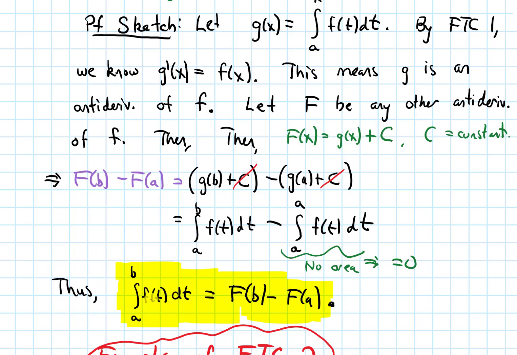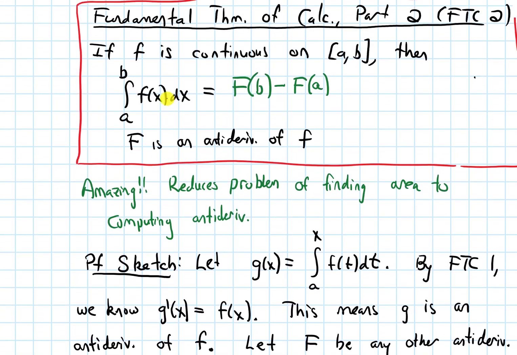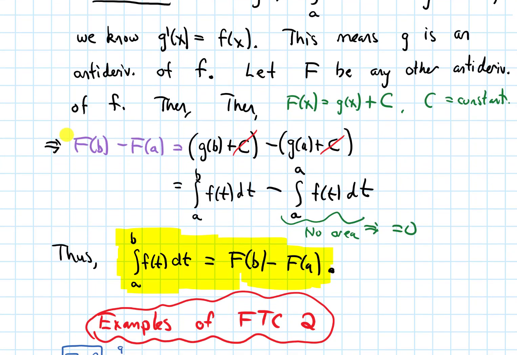Okay, so one thing that I might notice about this, if I'm really particular, is that the variable here is a t, but if I look at my statement for FTC part 2 up here, I had written an x. But when I do this definite integral of this function f from a to b, that's just talking about the area under the graph of f over the interval from a to b. So it doesn't matter what I write as the variable here. This is the same as the integral from a to b, f of x dx.